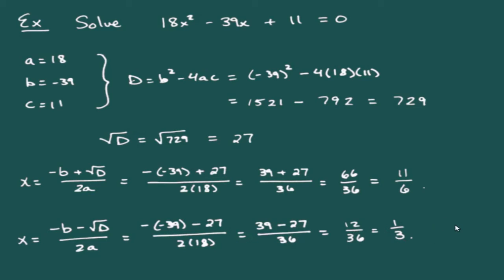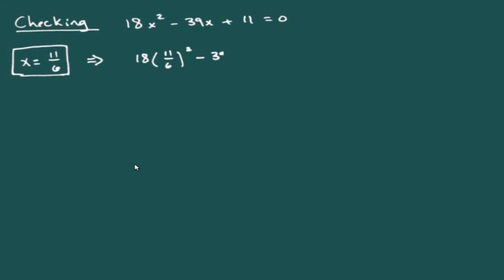Now, just as before, we can go through and check both of these to make sure that they do give us true answers. So if we wanted to check 18x squared minus 39x plus 11, well, if x is going to be 11 over 6, that's going to give us 18 times 11 over 6 quantity squared minus 39 times 11 over 6 plus 11.